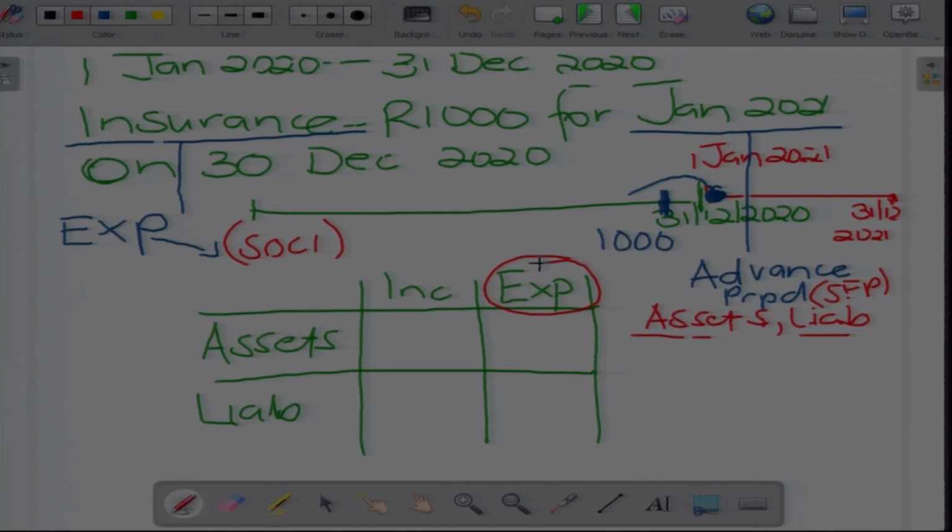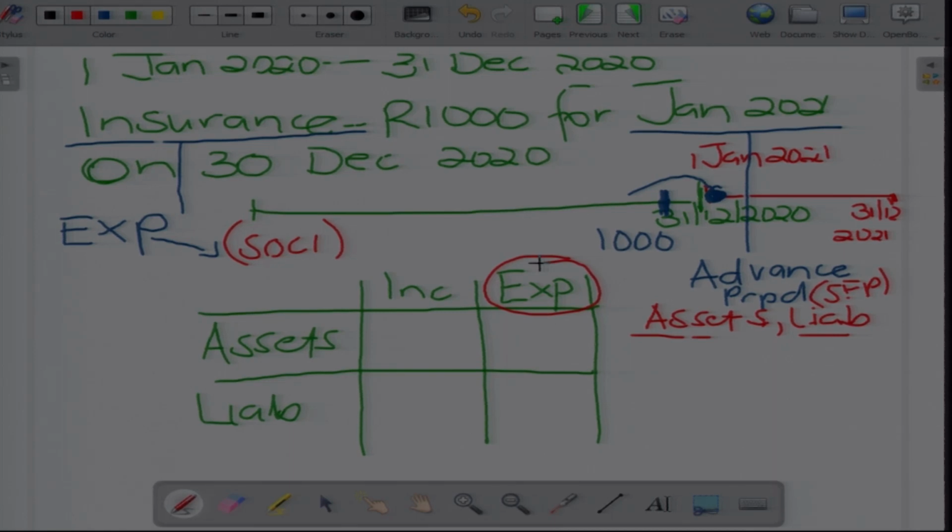Now, let me give you the example. Let's say you are now the insurance company. I am the person that's taking out insurance from you. So normally when there's an expense, it means I owe you as the company, right? But now if I've paid you beforehand, I don't owe you anything, you now owe me.